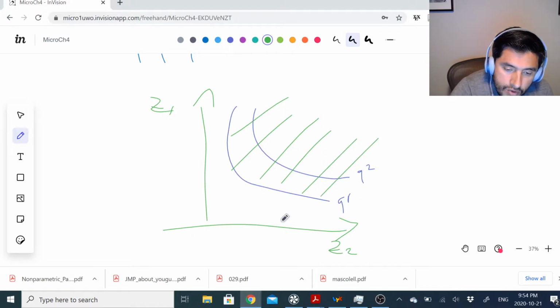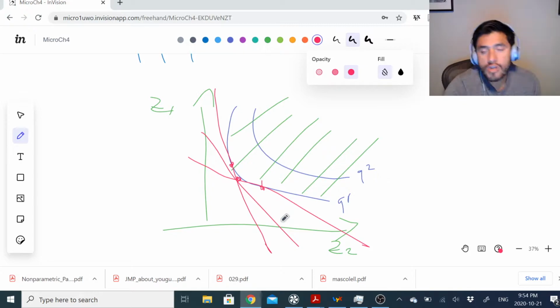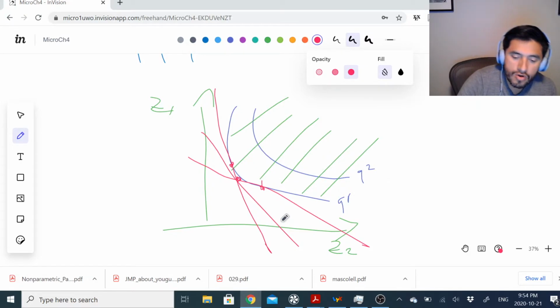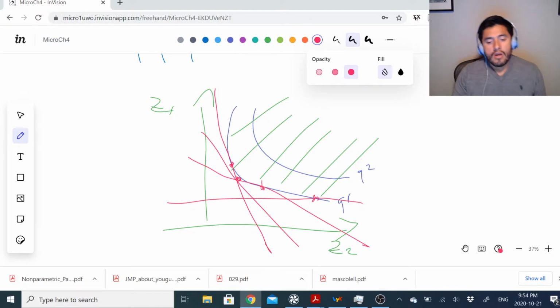Now, how do I recover this set? Well, I'm going to cost minimize. So remember, this is basically the expenditure minimization problem. So this is a minimization point, this is a minimization point, and this is yet another one. If I change all prices, eventually I'm going to recover this set, right? And so on.